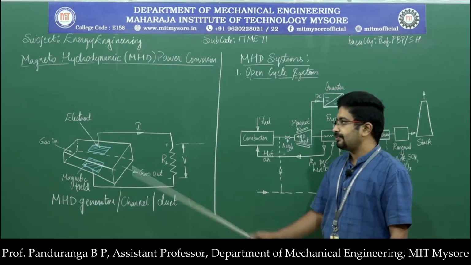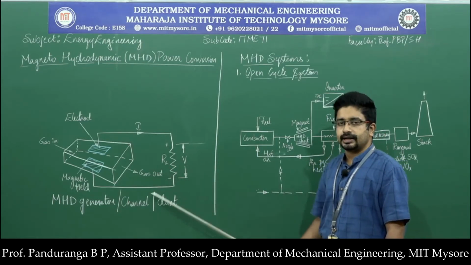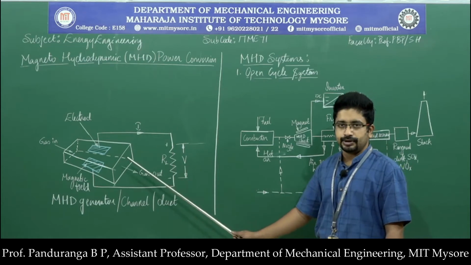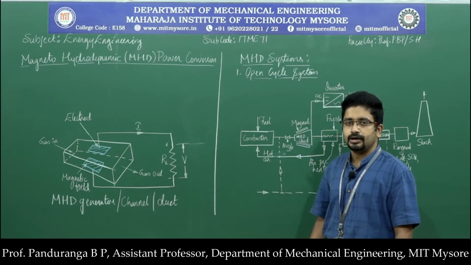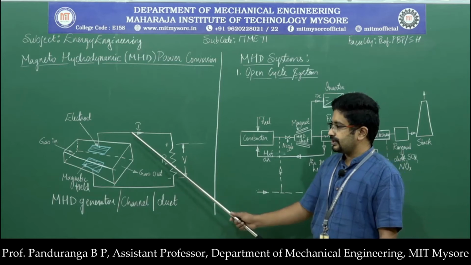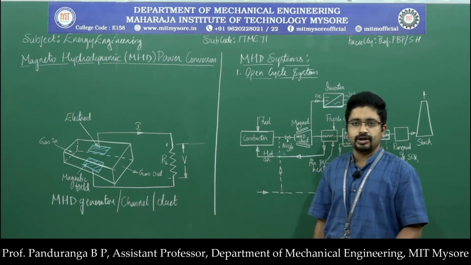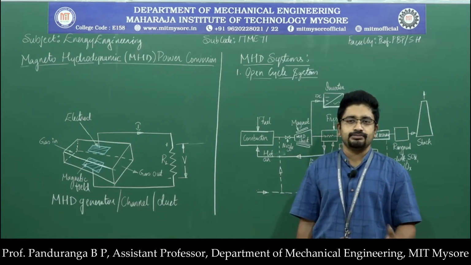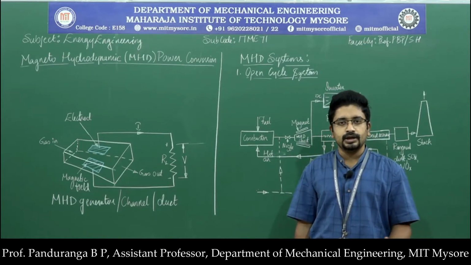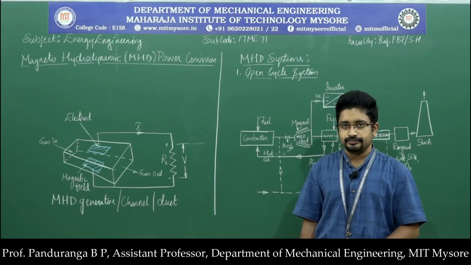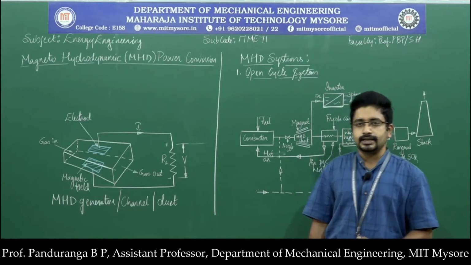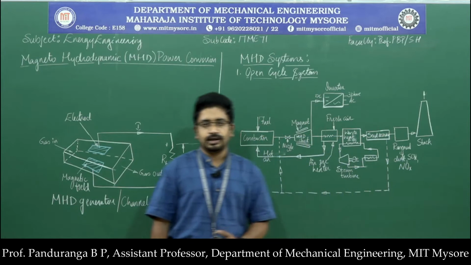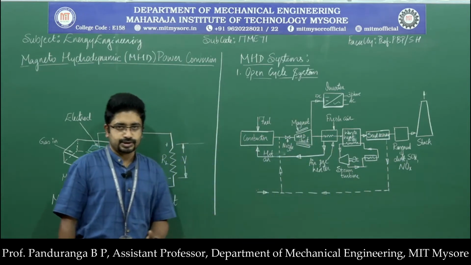Here we are producing DC, or direct current. With the help of an inverter, we can convert that into alternating current, and this can be transmitted through our existing grid. There are many ways of utilizing the magneto-hydrodynamic energy conversion process.